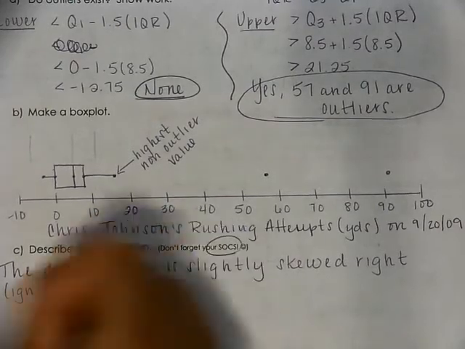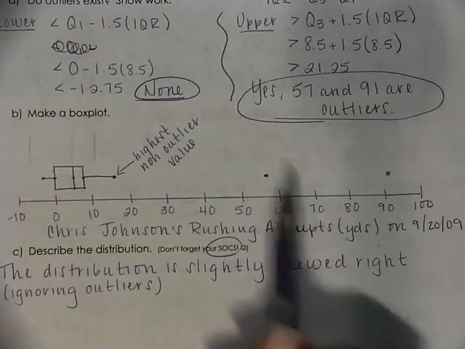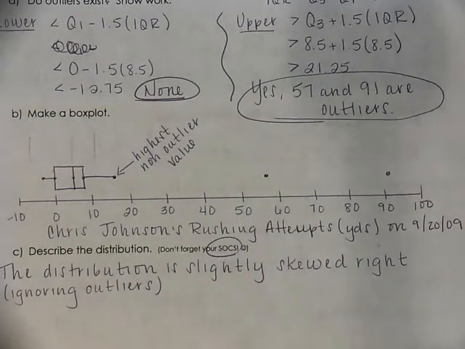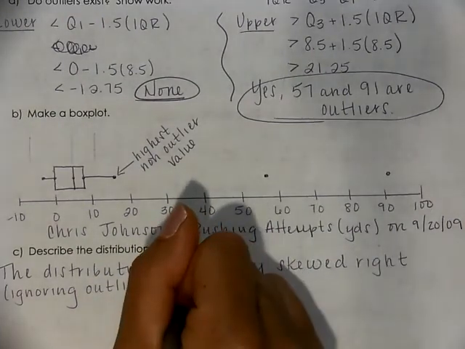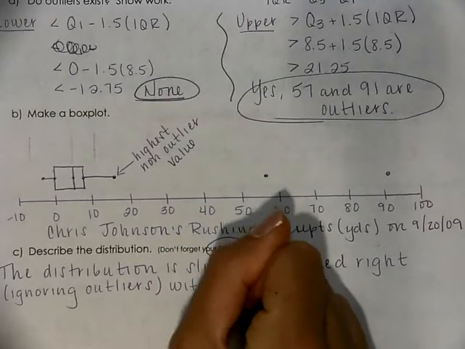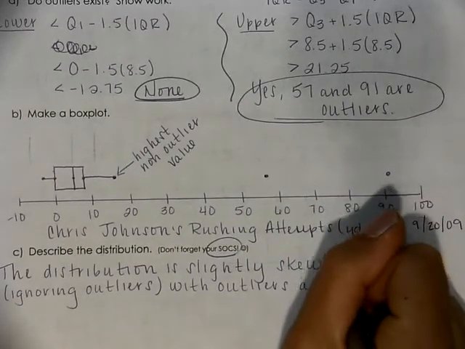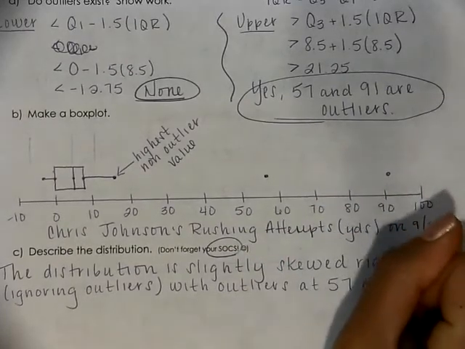You don't need to write that; I'm just making note of that. If you want to, go ahead, especially for your notes. Sometimes we just say, let's look at it without them. Slightly skewed right, and the O in SOCS stands for outliers, with outliers at 57 and 91.